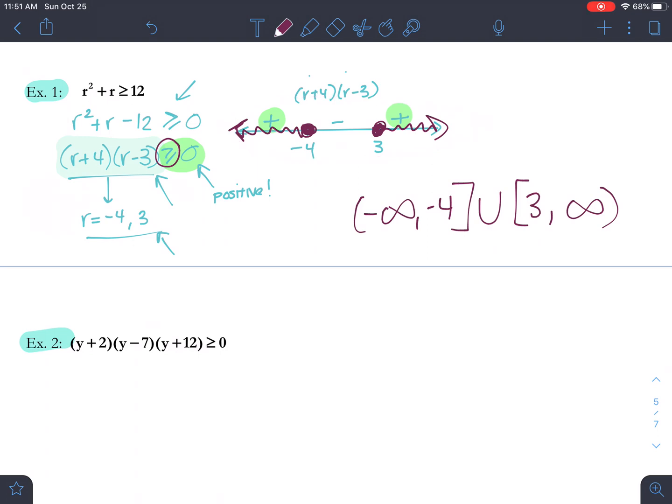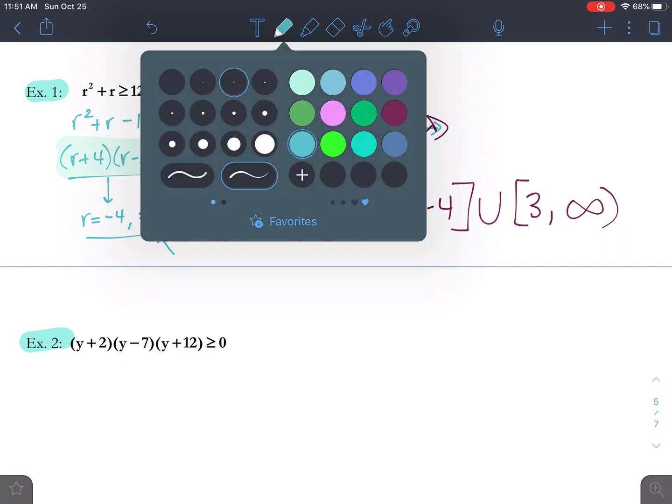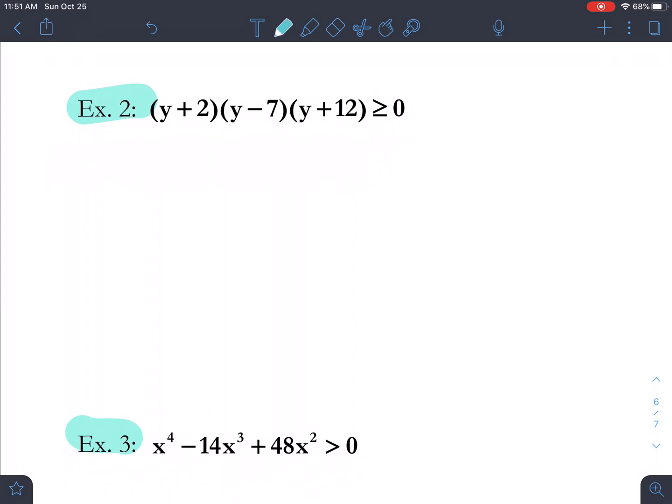So let's try a couple more here, all right, see how we're feeling. So next one up is already factored for us. Remember, the first step is get it set to 0. We did it. The next step is factor it. It's done. Your next step is when is this equal to 0? So that would be y equals -2, 7, and -12.